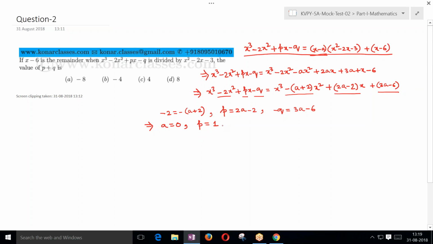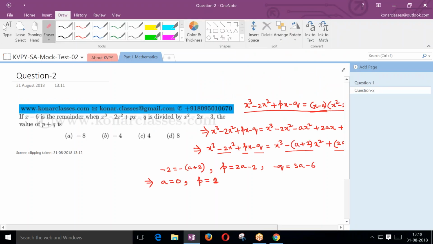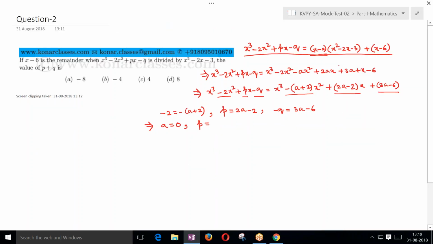So then what we get? P is equal to 2a minus 2. Let me use the eraser one more time. So a is equal to 0. Then p is 2 into 0 minus 2, and minus q is equal to 3 into 0 minus 6.